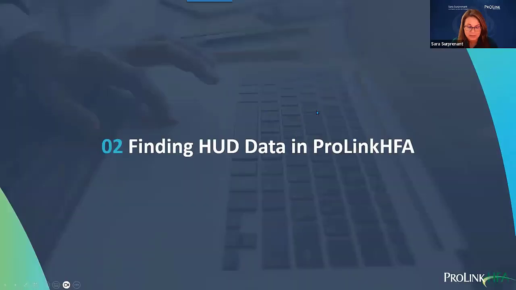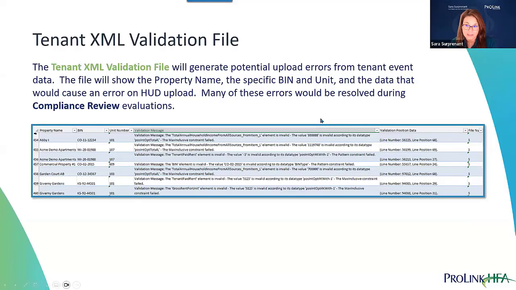So now the topic that most people have asked about and reached out about is, how do you find your HUD data in ProLinkHFA? I mean, we do have the HUD export page on the property that shows those read-only fields, but sometimes we just get impatient. We may not look at that for whatever reason. So we're going to talk about the specifics that we need to review to find this.